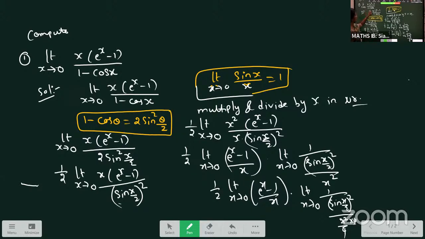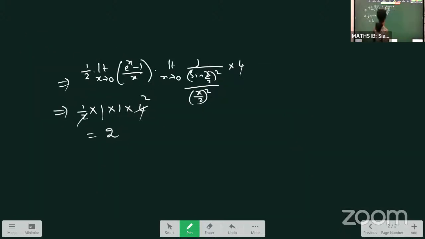The denominator 1 minus cos theta is applied as 2 sin square theta by 2. Multiply and divide by x in the numerator so that this x becomes x square, and sin x by 2 whole square is supposed to be x square by 4, so multiply and divide with 4. This 4 will go to the numerator. So finally we will be getting 1 by 2 into 1 into 1 into 4, so it becomes 2.